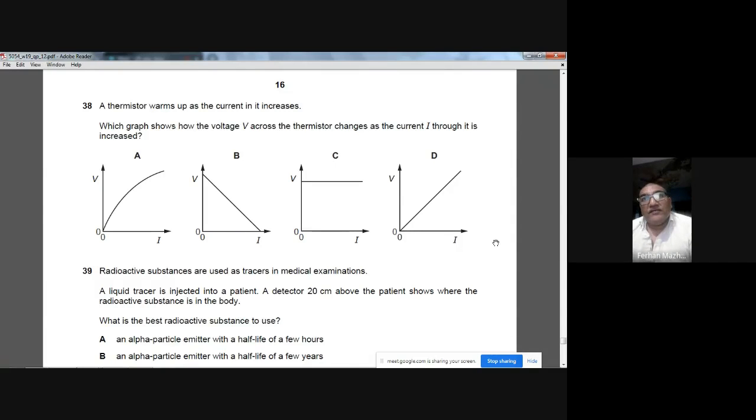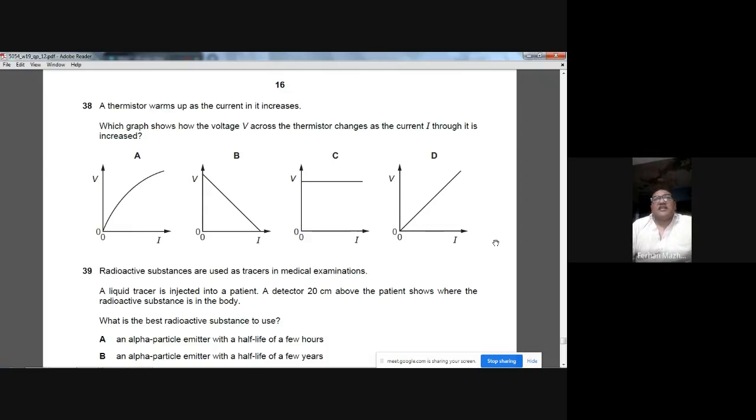When the thermistor becomes hot, its resistance becomes smaller. It says the thermistor warms up as the current increases. It means when you increase the current, its temperature increases. When temperature increases, its resistance drops.